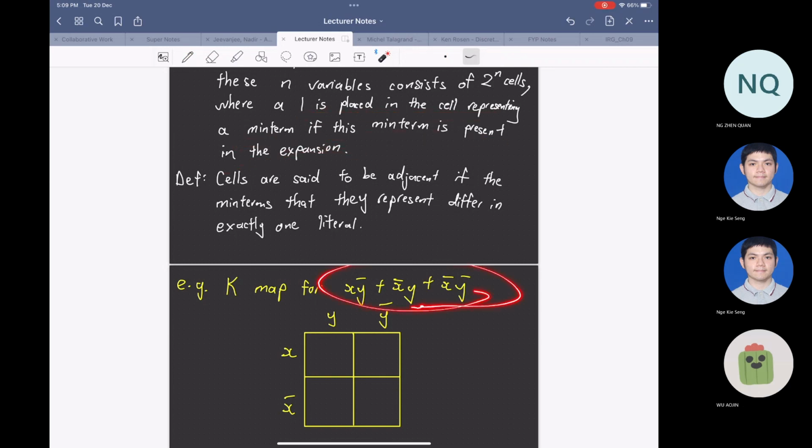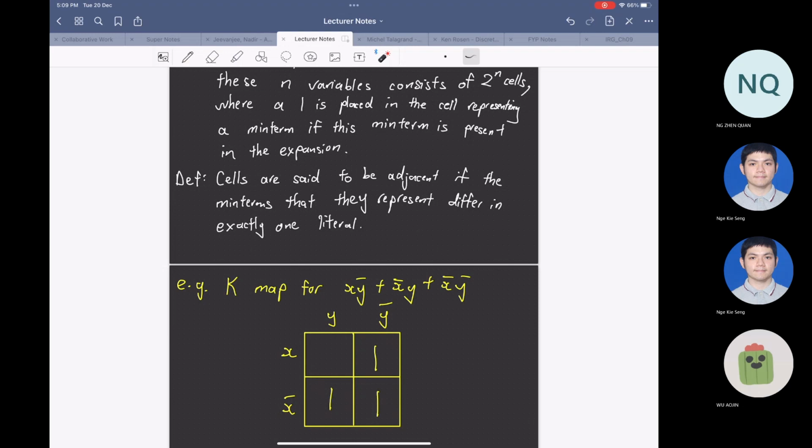How many min terms are present in the expression? 3. You have xy bar, x bar y bar, and x bar y. So you put 1 in these 3 cells. Make sense?